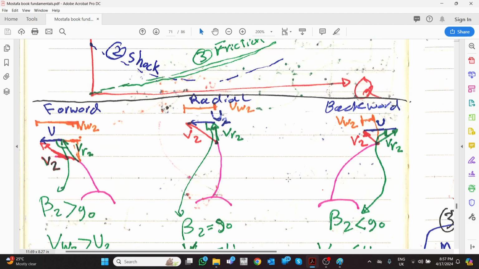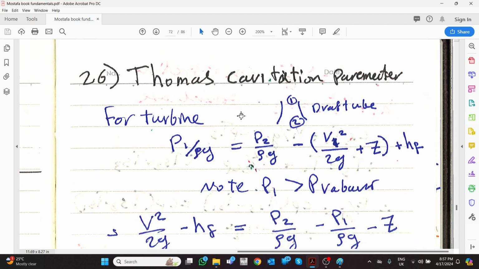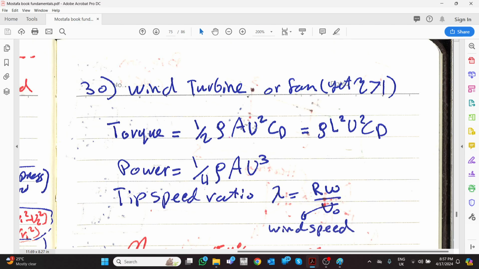For example, if another plate is like this, here is a negative angle and here it will be a positive angle. However, we understand the concept here.